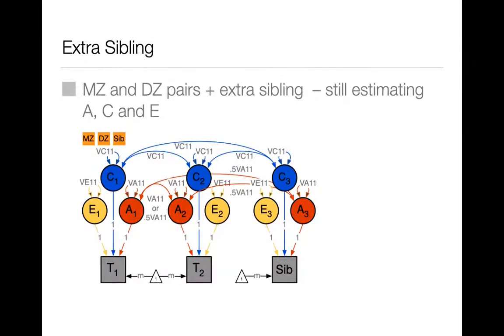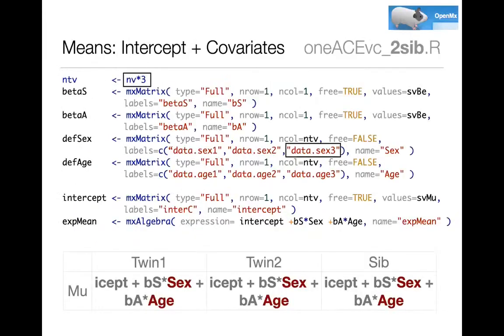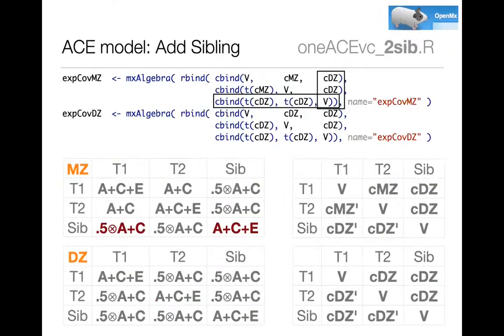So if you use this path diagram to derive the expectations for a model when we have both twins and an extra sib, you see that not only do we have to adjust the covariance matrix, we also have to adjust the means matrix. And of course, instead of having a 1/2 matrix, we now have a 1/3 matrix. And we, of course, need to also read in the appropriate covariates for our extra sibling.